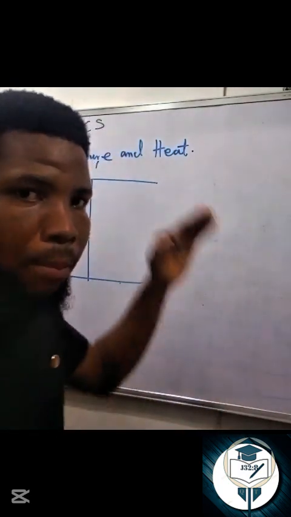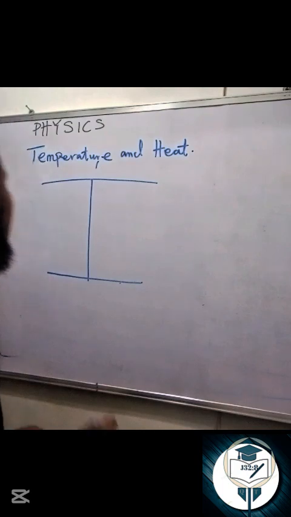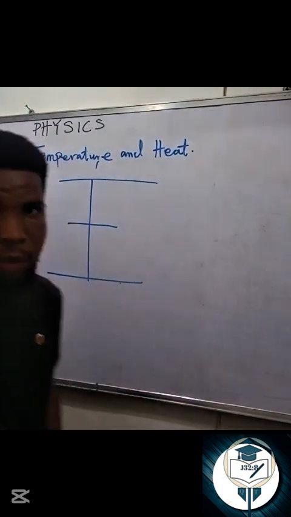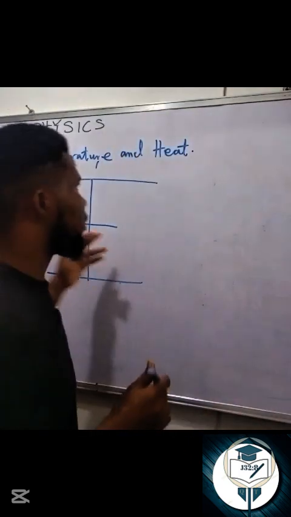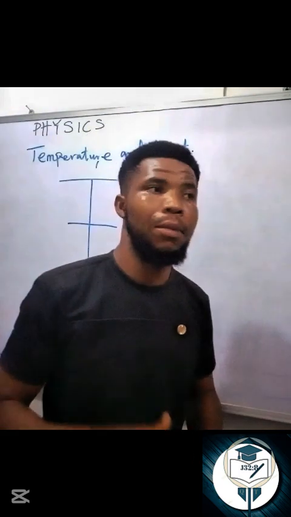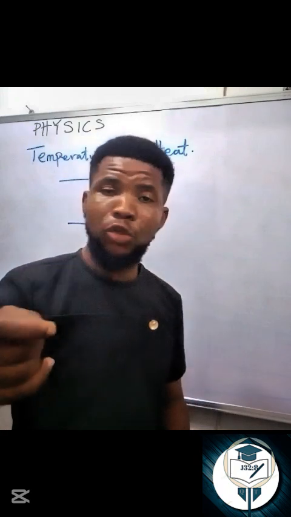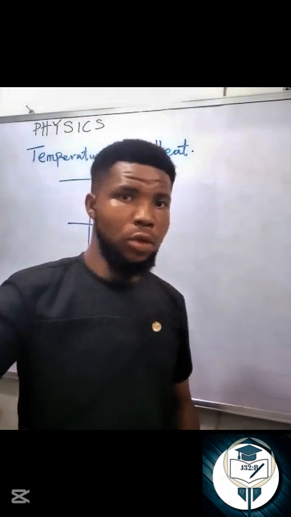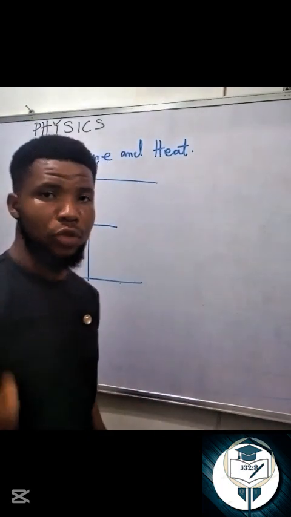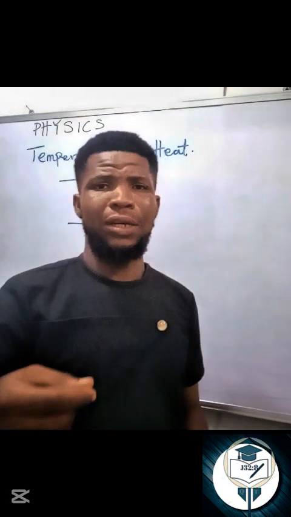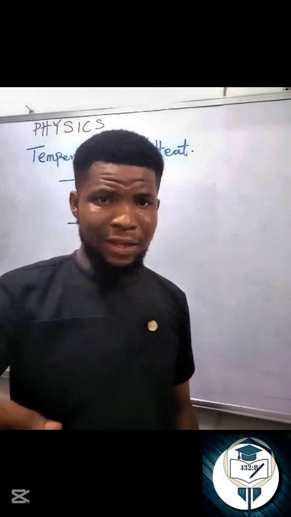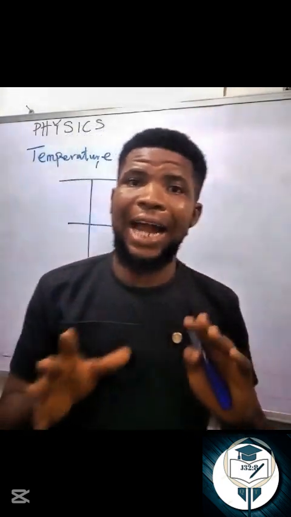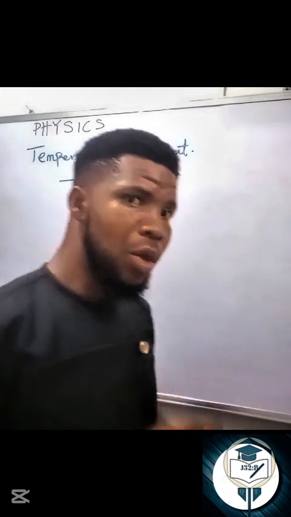The upper fixed point is defined as the temperature at which pure water will boil. The lower fixed point is the temperature at which pure ice melts, at a standard atmospheric pressure. Please take note of that.